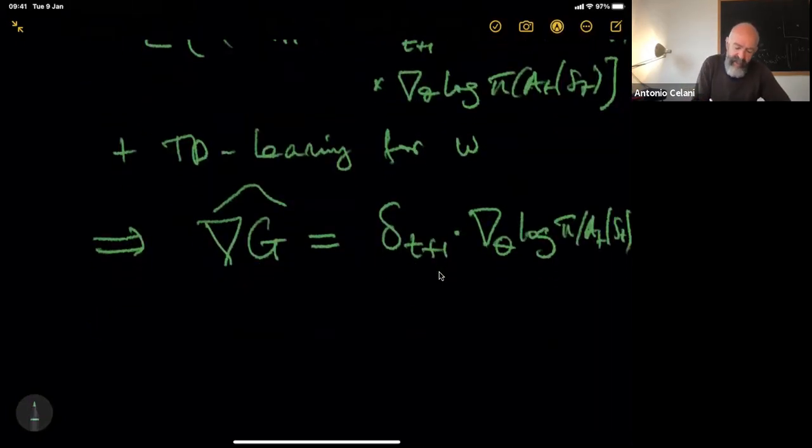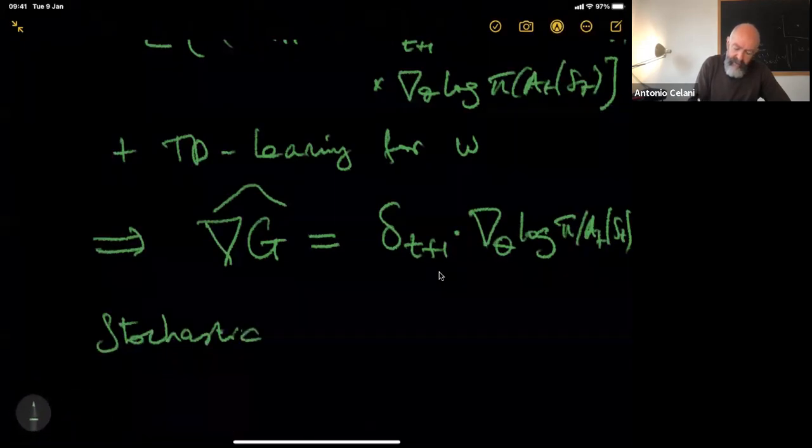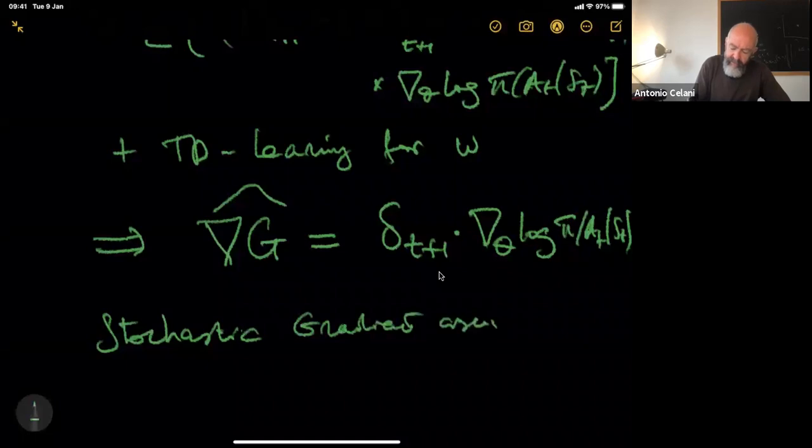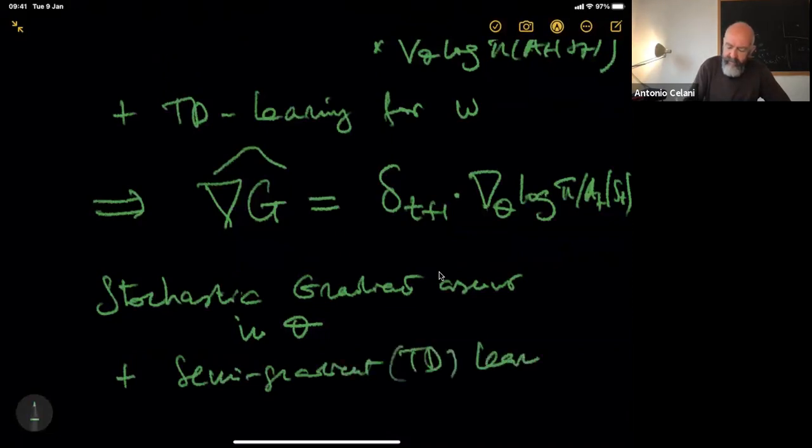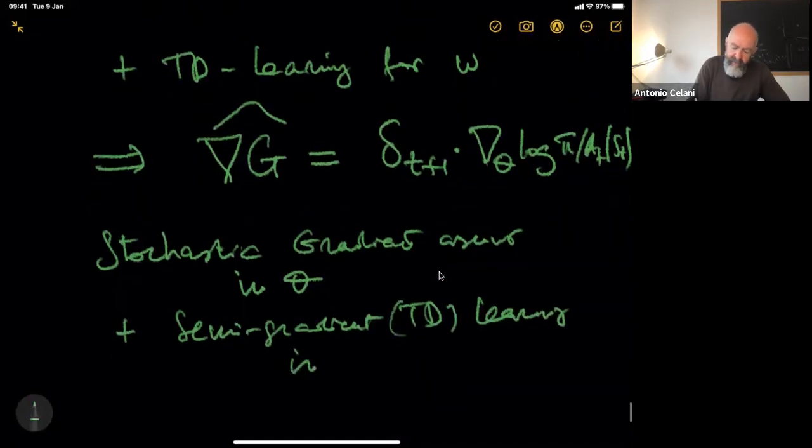So the idea is that we have stochastic gradient ascent in theta plus semi-gradient TD learning in W. So we have two sets of parameters: parameters for the policy, and parameters for the value function.